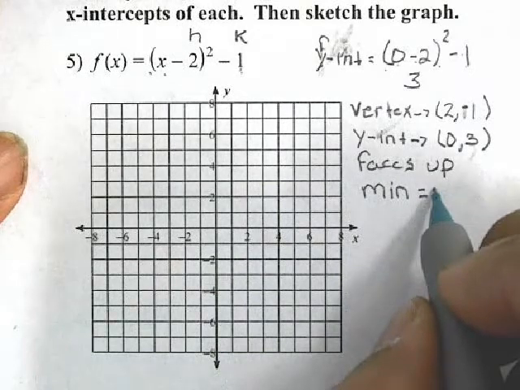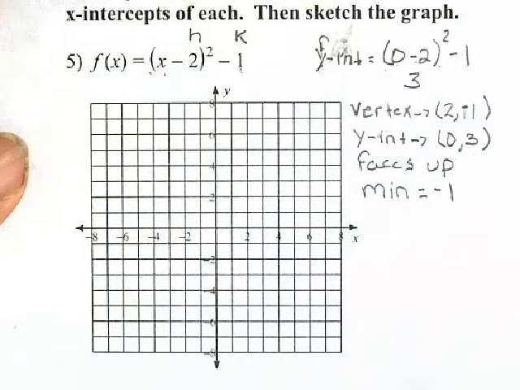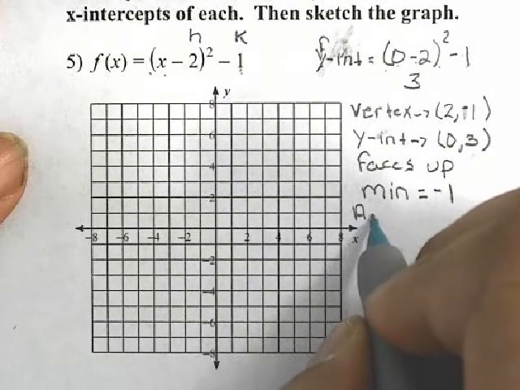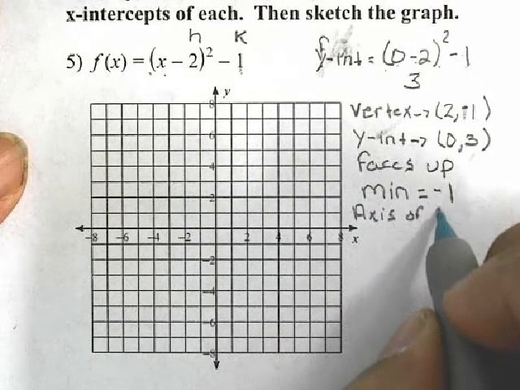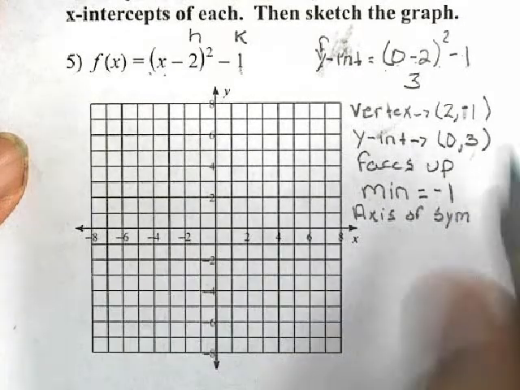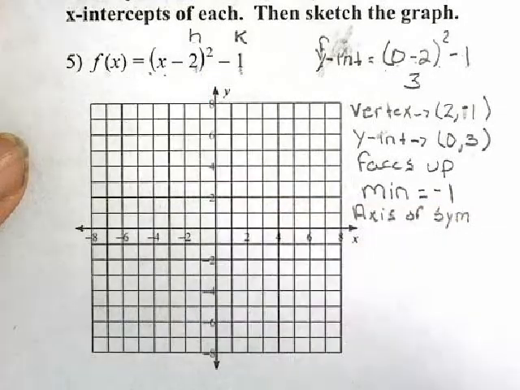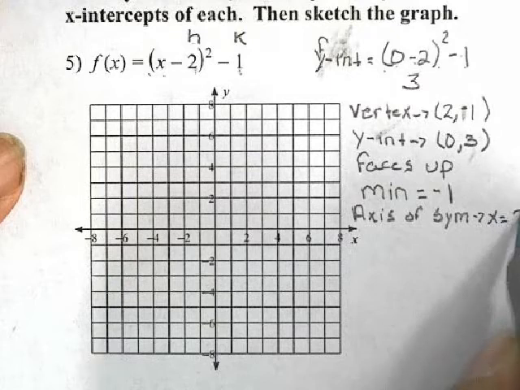So the minimum value is negative 1. Now, the axis of symmetry is x equals h. h is 2, so it's x equals 2.